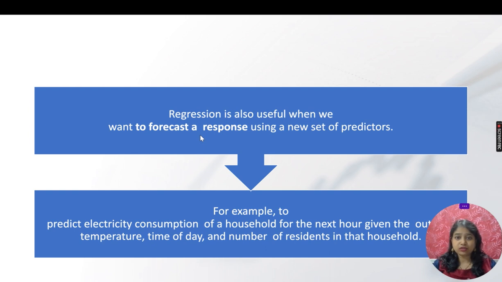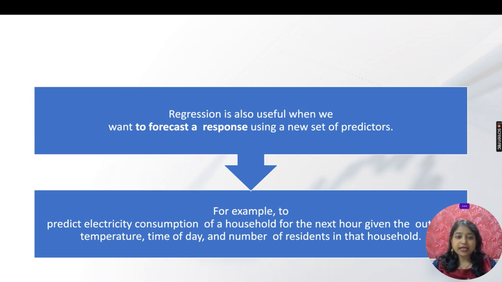Regression is also useful when we want to forecast a response using a new set of predictors. It means that if we know these are the predictors and based on that the output value changes, then if we change the predictors, what will be the possible outcome that we can guess from regression?